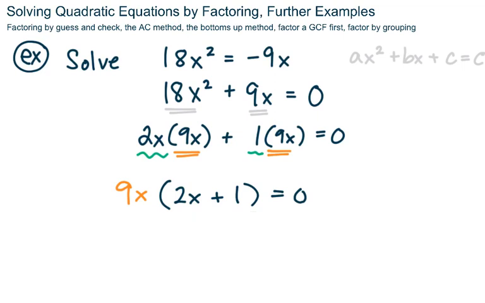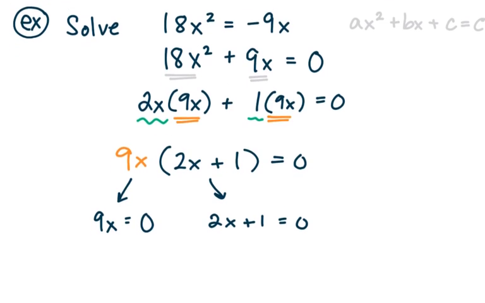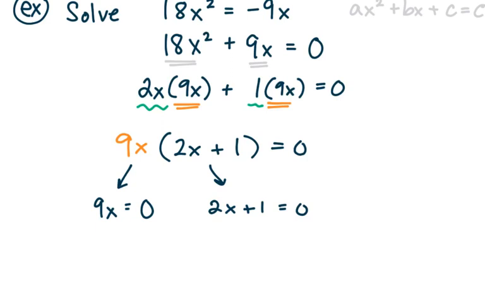So now that I have this in factored form equal to 0, I'm going to use my zero product principle, and I'll set each factor equal to 0. Here I have 9x equals 0 and 2x plus 1 equals 0. Solving each of these factors, if I divide by 9 on both sides, 0 divided by 9 is still 0.